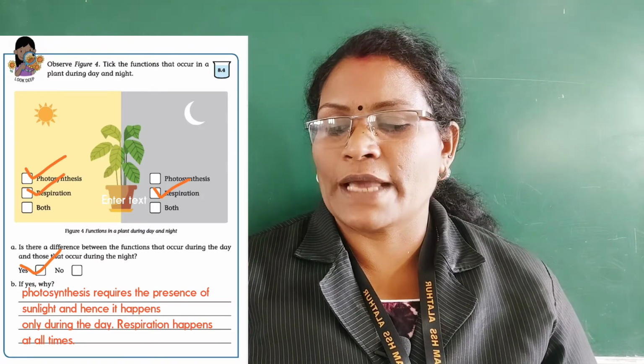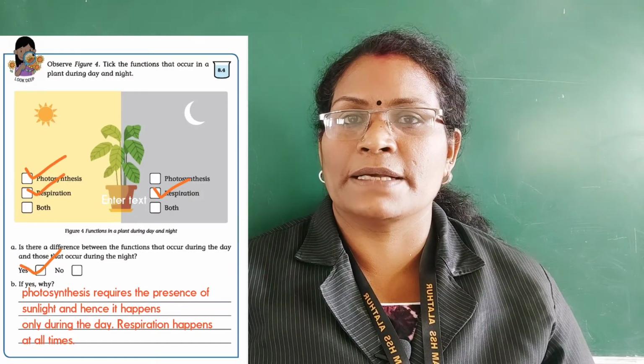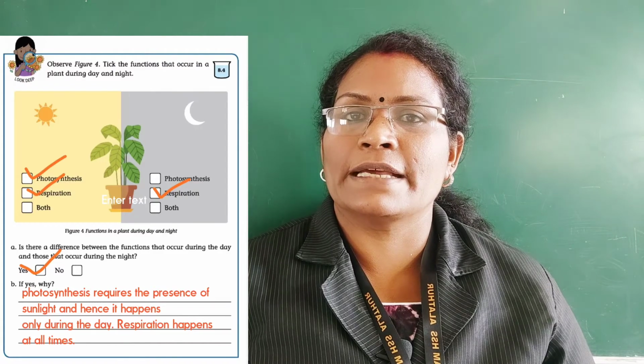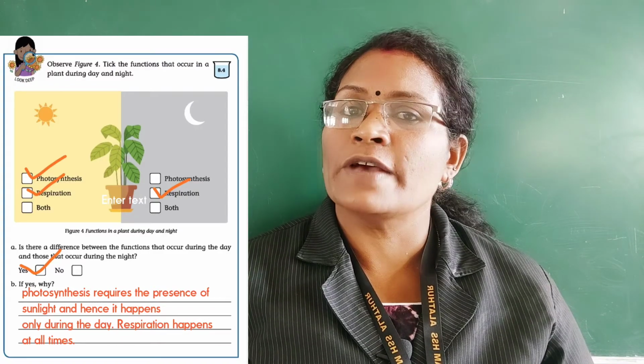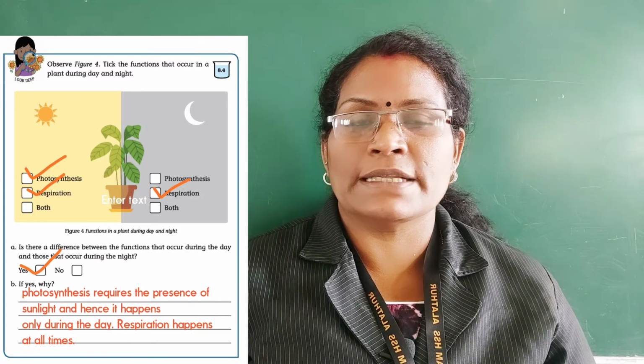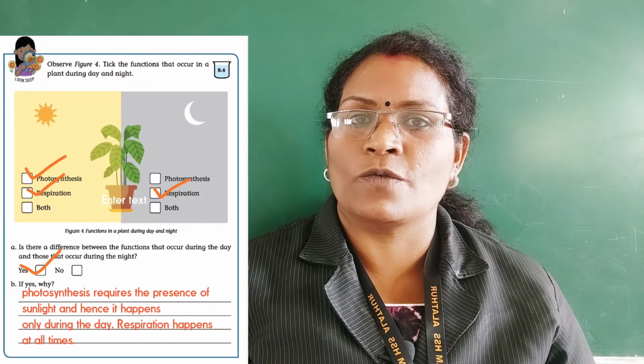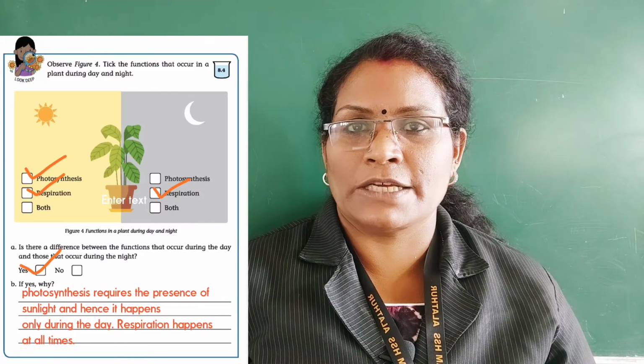In the sunlight region you can tick photosynthesis and respiration taking place. Photosynthesis takes place only in the presence of sunlight, that we already studied. In the night time photosynthesis is not taking place, only respiration is taking place. So you have to tick respiration.